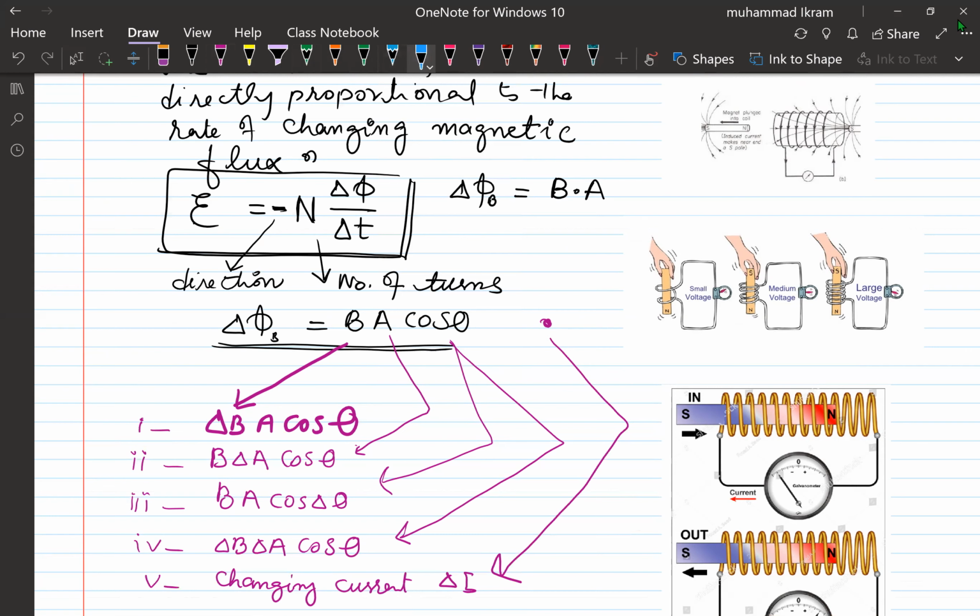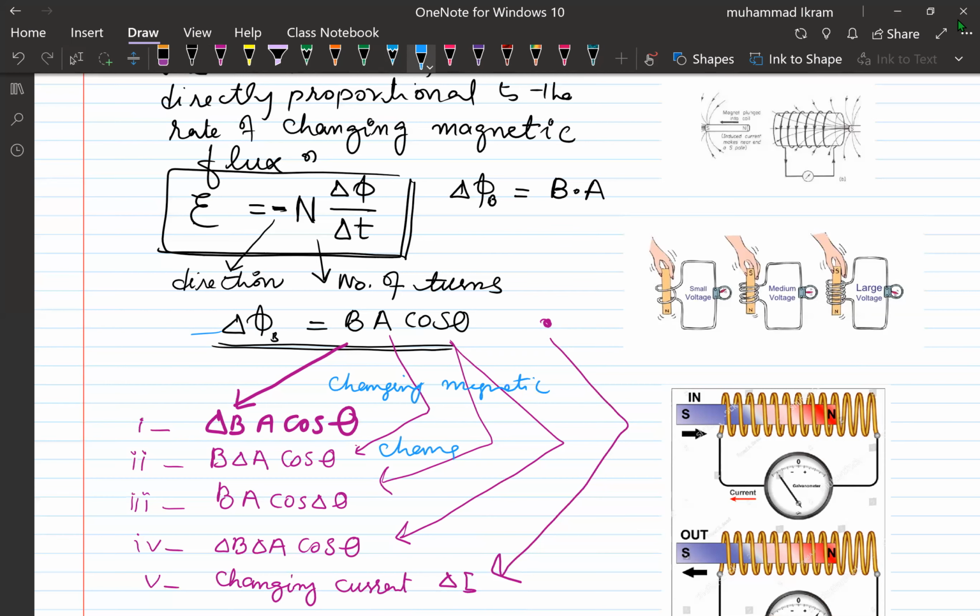The first one, delta B, is a changing magnetic field. If the magnetic field changes, the flux changes. This is changing area.